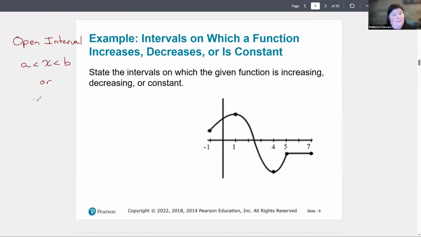Another way we can write that, instead of using the inequality notation, is interval notation: parentheses a, parentheses b. So you should not have closed points when finding increasing, decreasing, and constant intervals.